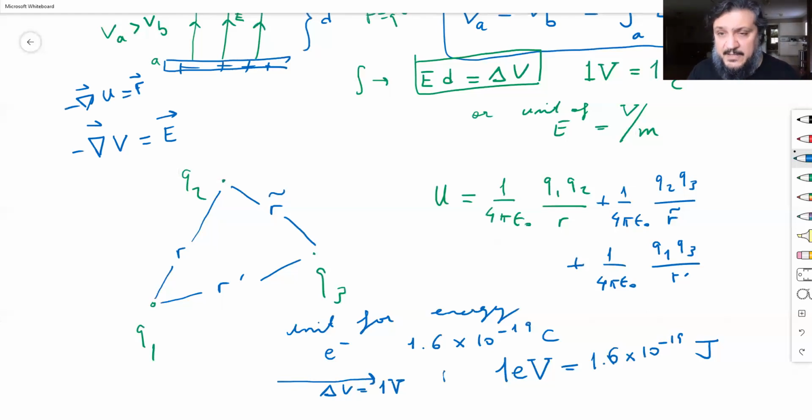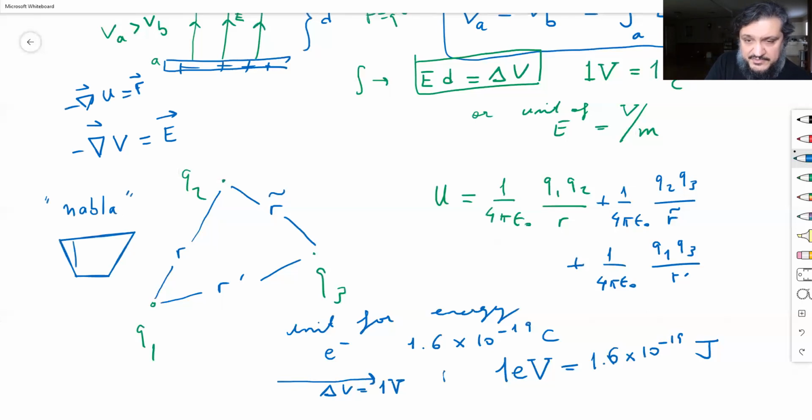So I'm going to show you this gradient. This operator is also called a nabla. Nabla. Because it looks like some ancient Egyptian instrument that looks like this, you know. So you say nabla. Nabla V means the gradient of V. Okay, all right, so I'm going to stop here and then do the rest in the second video.